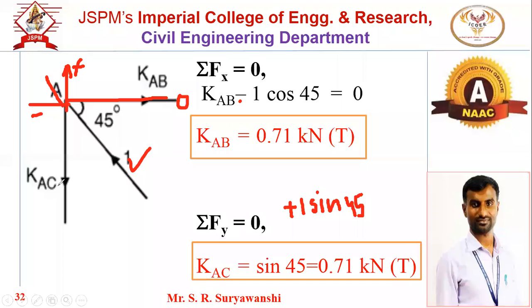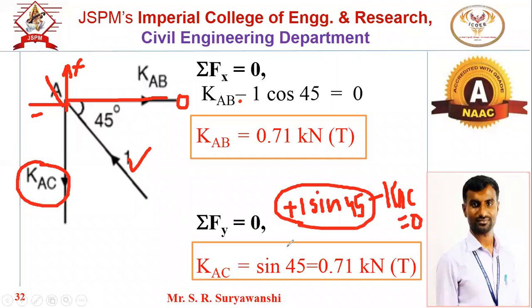Then this KAC is vertically downward, so it is purely vertical, and that's why minus KAC, the force in member AC, is equal to 0. So what we get? KAC is equal to 1 sine 45. Again the answer is positive, that is 0.71 kilonewton.